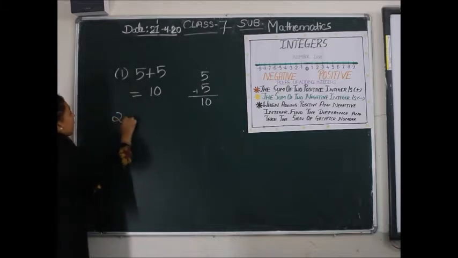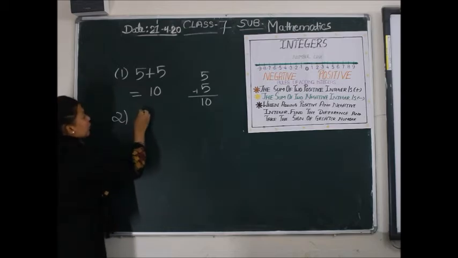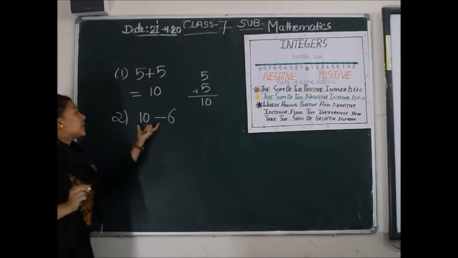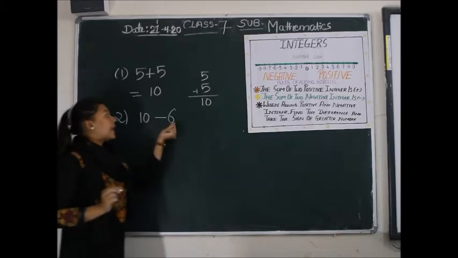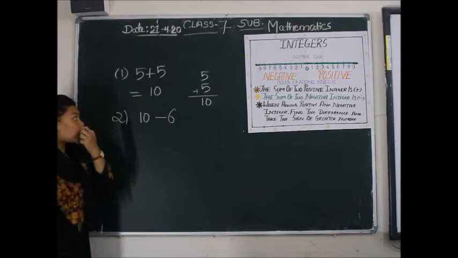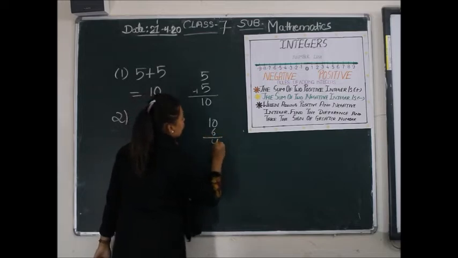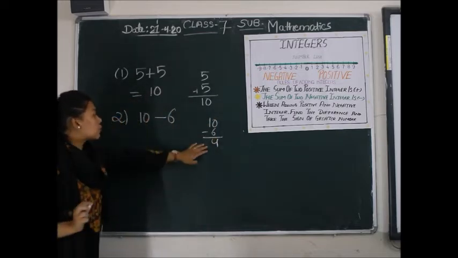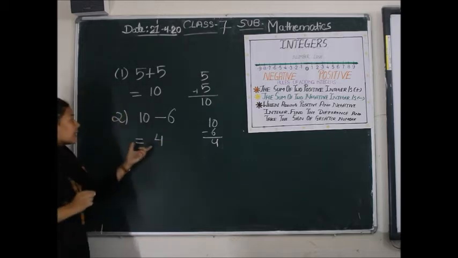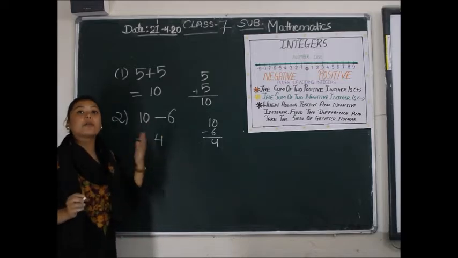Another thing, when the signs are different, okay, for example, I am writing here 10 minus 6. Now we have different signs. This is a positive number and this is a negative number. Now when the signs are different, we will have to subtract. When we subtract 10 and 6, we will get 4. So I am getting 4 here. And the sign will be of the greater number.